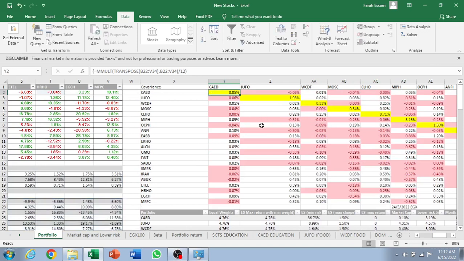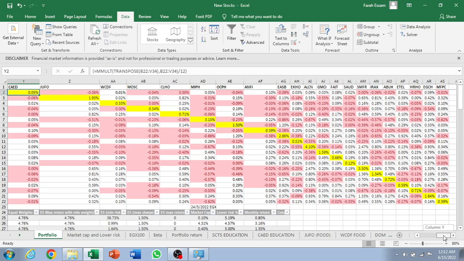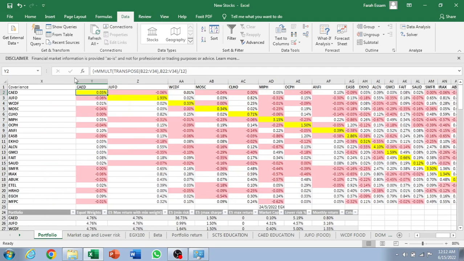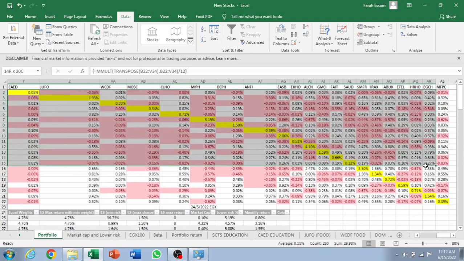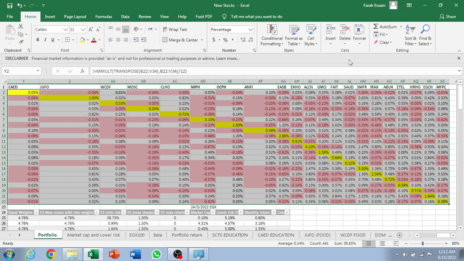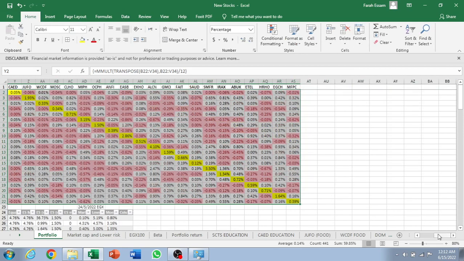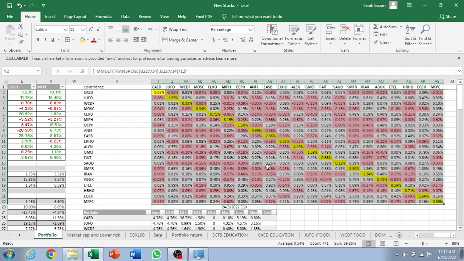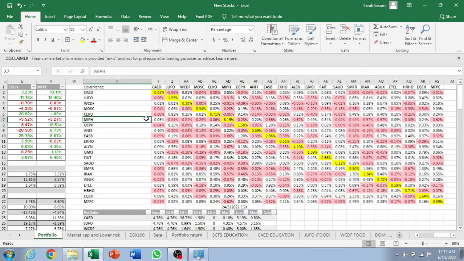After that, I dragged this formula to all of the cells and I got these values. What I want to show you here and what I want to make obvious is this yellow diagonal line right here. So this diagonal line is representing the covariance between each stock and itself. So basically the covariance between the stock and itself is equal to the variance.